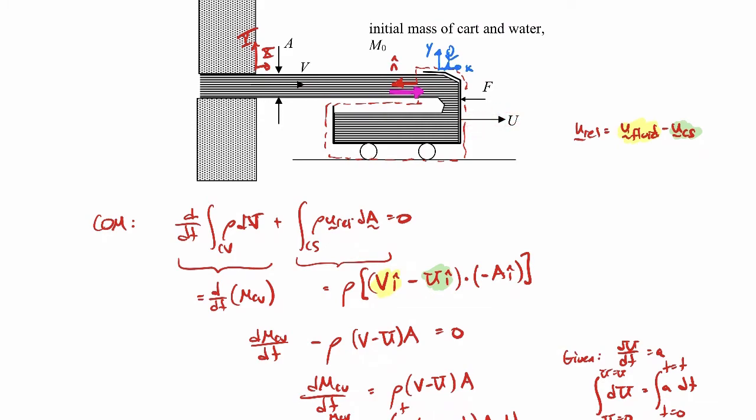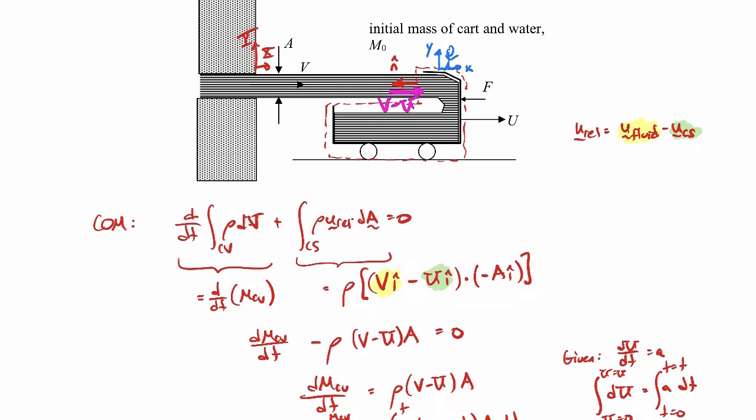So let me write that down. So this is v minus u in the x direction. Remember, it's the velocity of the water as it's crossing the control surface using our chosen coordinate system here. So it's velocity v relative to the ground, and here it's velocity u relative to the ground. So the velocity relative to the coordinate system will be v minus u. Okay, hopefully that makes sense.